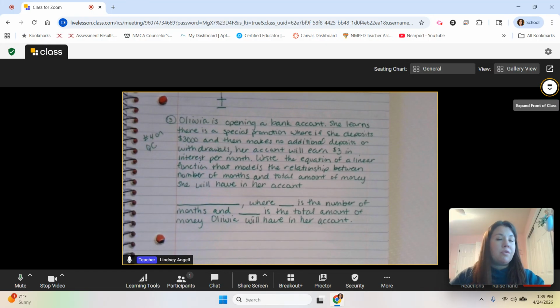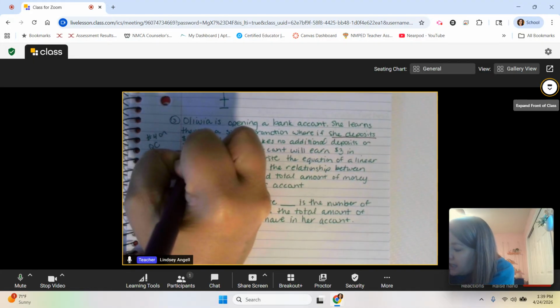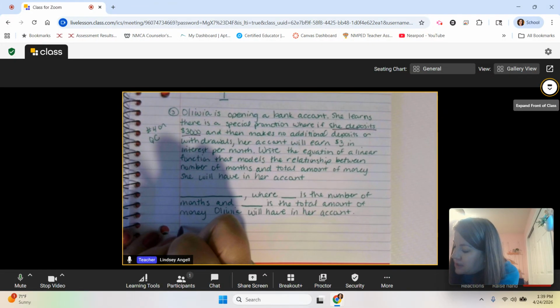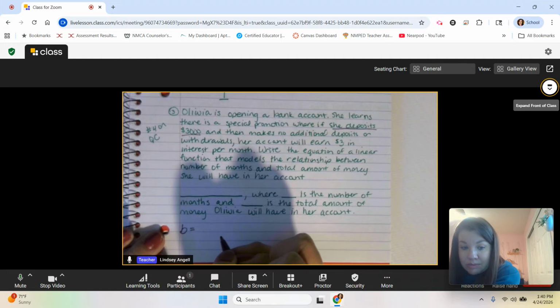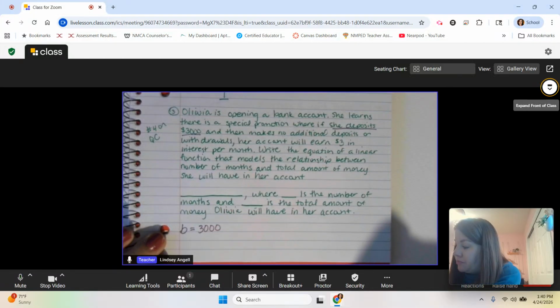Okay, so first off, the initial amount, it said if she puts in $3,000, so deposit, that means she puts in $3,000. So while we're thinking about this, we can say, okay, our initial value, or in our equation, y equals mx plus b, that would be 3,000.